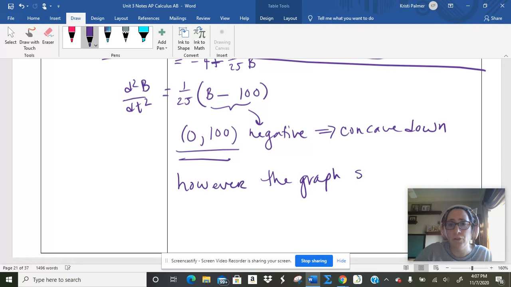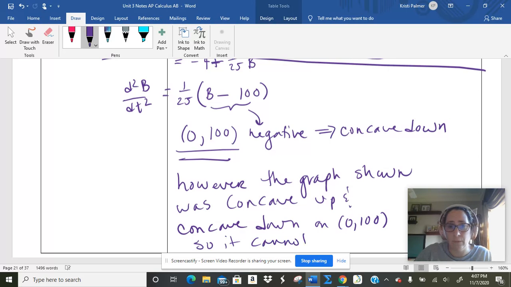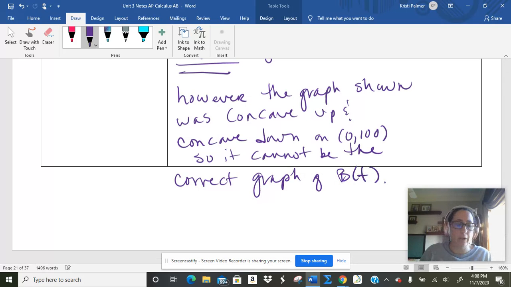So however that graph shown was concave up and concave down on 0 to 100, it cannot be the graph. Okay?